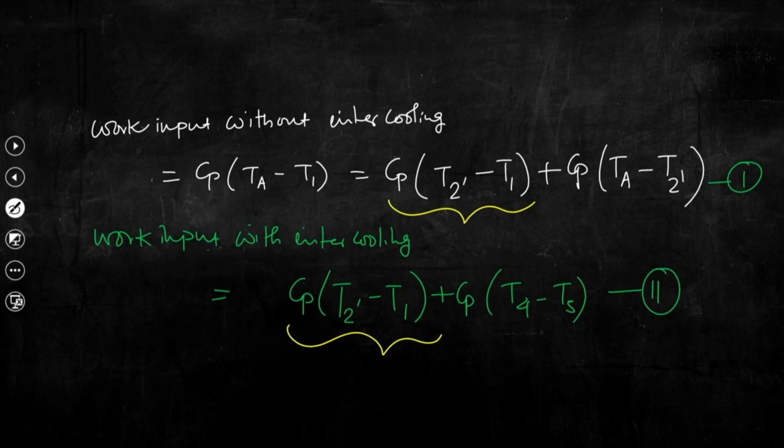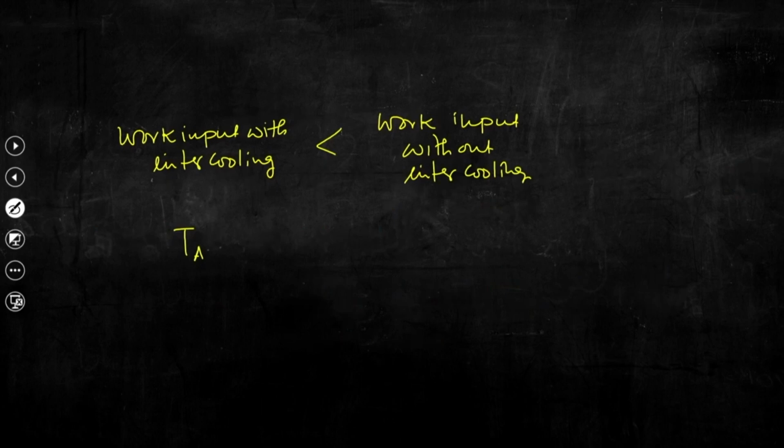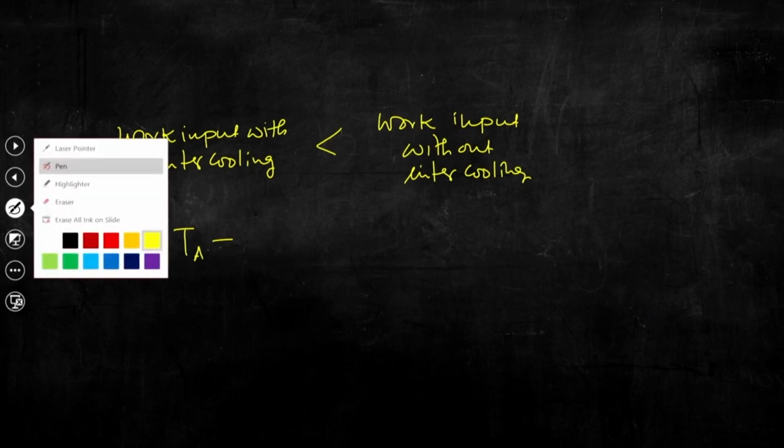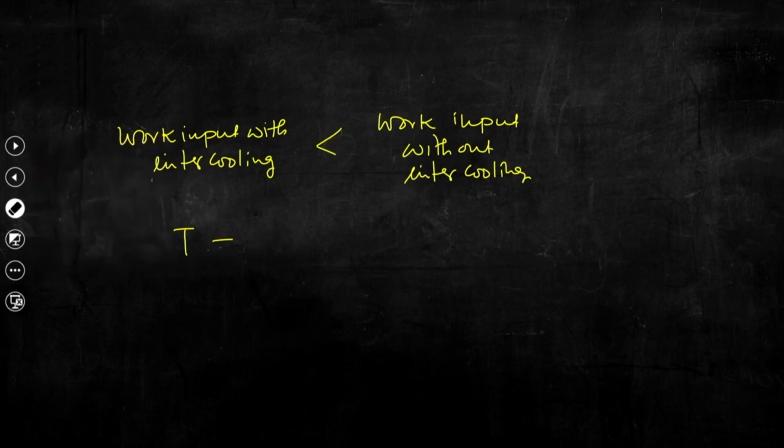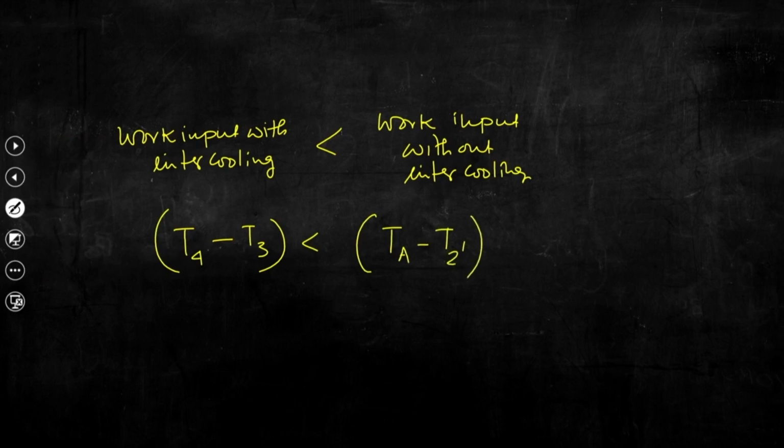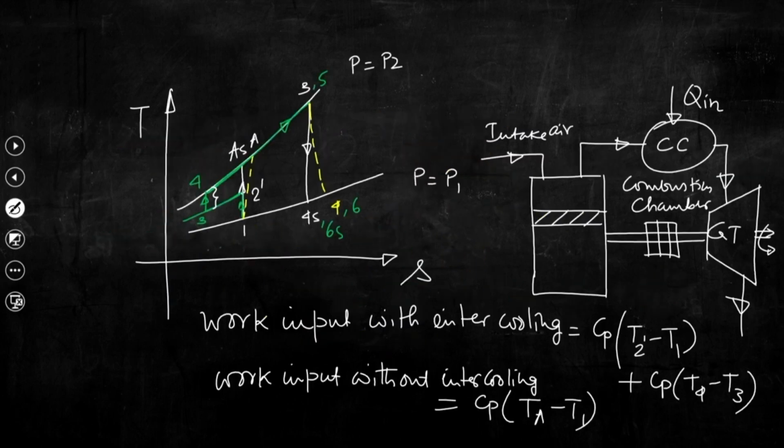So, we can write T4 minus T3 is less than Ta minus T2 prime. If this is the case, then only the work input with intercooling will be less than the work needed to compress the air without intercooling. It is also true if we look at this Ts plane.